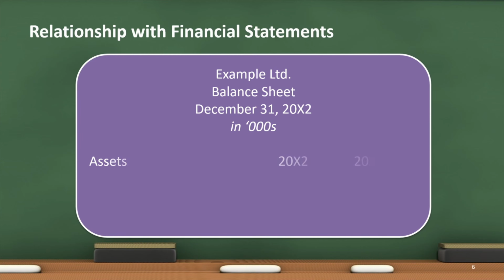We know that under assets, we have current assets and then we have cash. And a cash flow statement attempts to summarize the cash transactions that result from us going from, in this example, 200,000 in 20x1 to 285,000 in 20x2. Let's move on to a different way of viewing this.